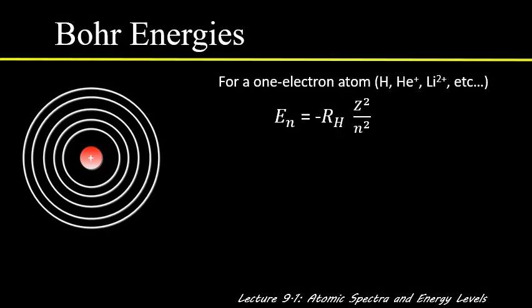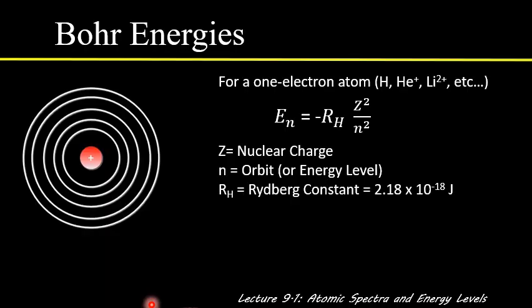Helium typically has two electrons; if you remove one electron, you get a helium plus one ion, which only has one electron. For lithium, if you remove two electrons, you get a lithium ion with one electron, and so on and so forth. So you have to have a system with a nucleus and one electron. And then the energy for the electron in any of these orbits is given by this equation here.